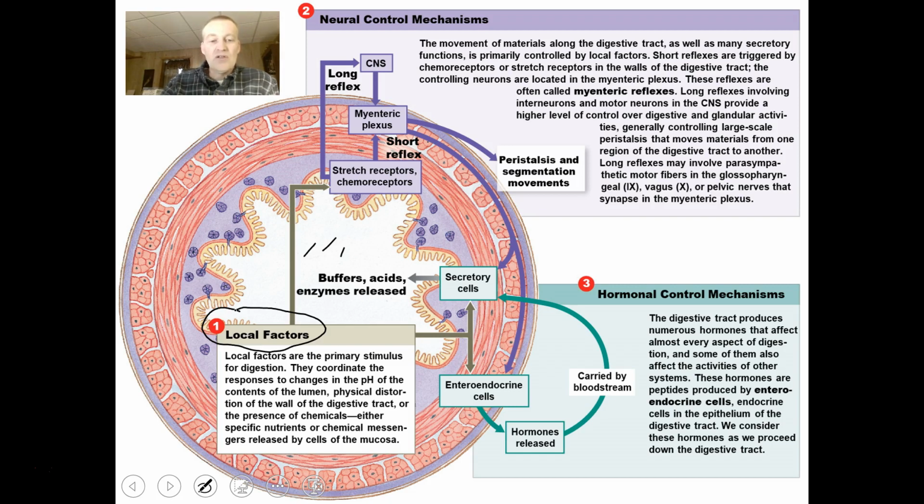Local factors would include things like just a physical distortion of the wall of the alimentary canal because of food being forced through it. You can also have chemicals like fats or other kinds of chemicals. You can have acids. All of these things will be triggers to trigger the central nervous system to deal with what's going on inside of this canal.